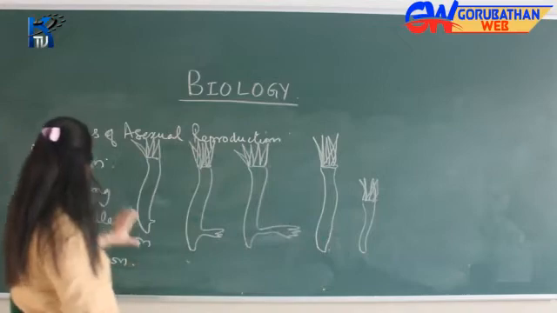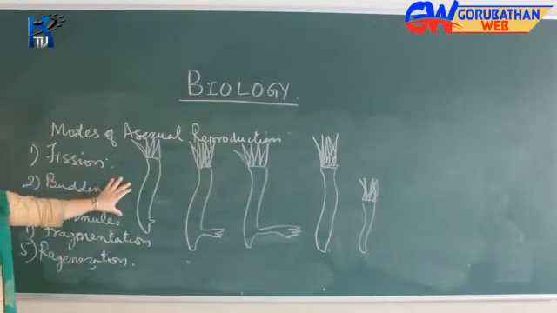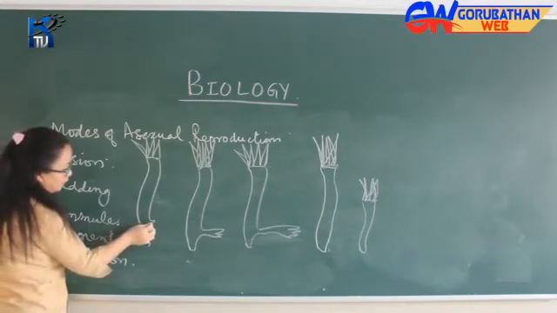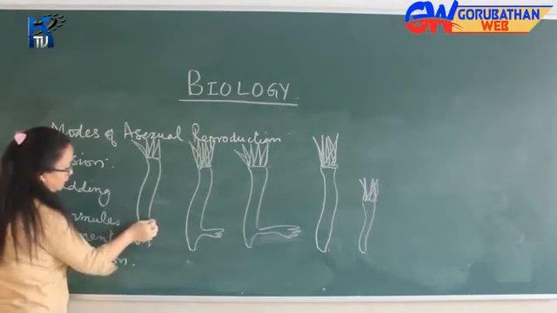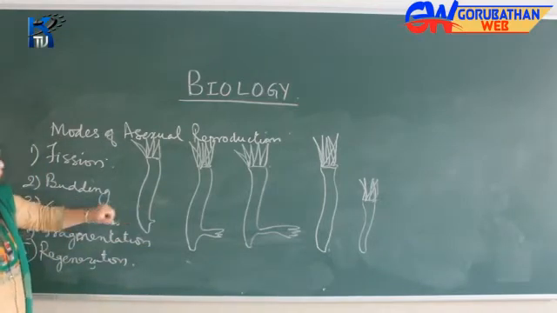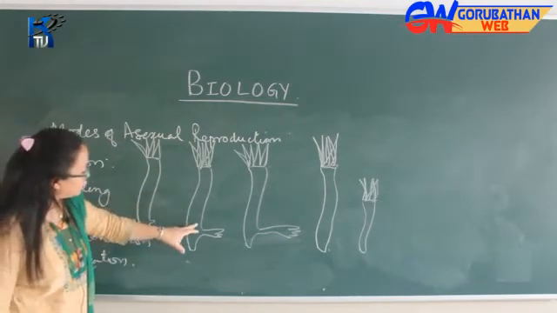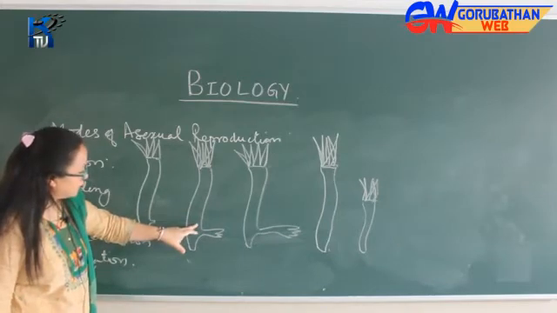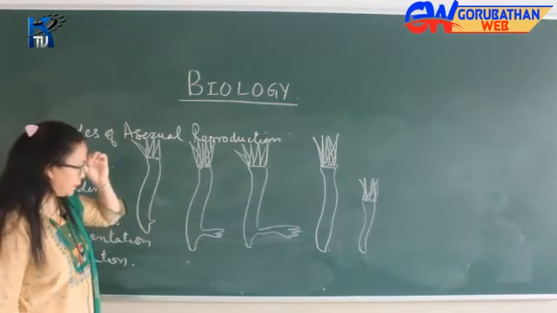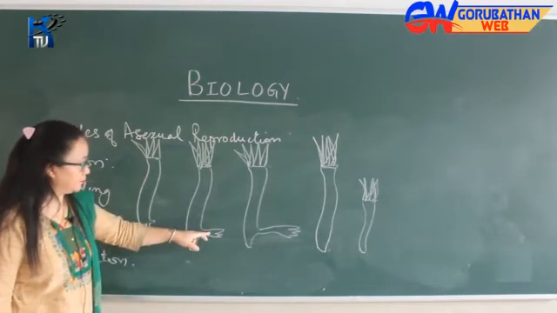So what will happen in budding? Okay, now during budding a small outgrowth will develop at the end of the mother cell. So the portion of constricted nucleus along with the cell organelles enters into the bud.